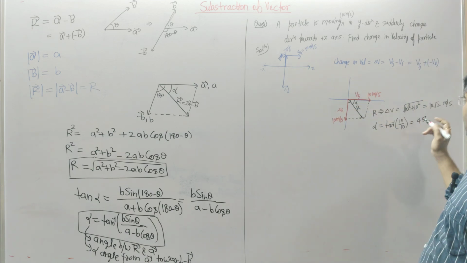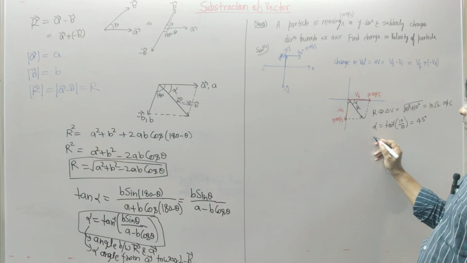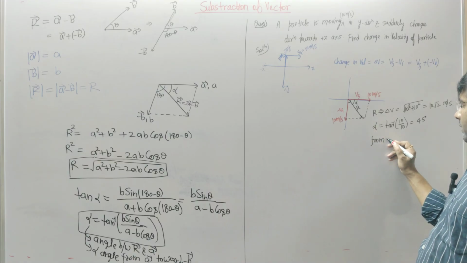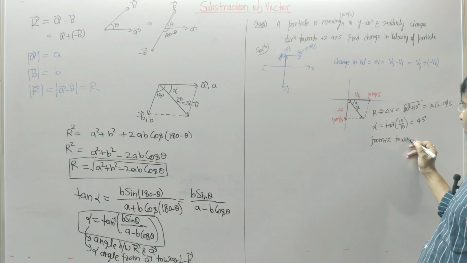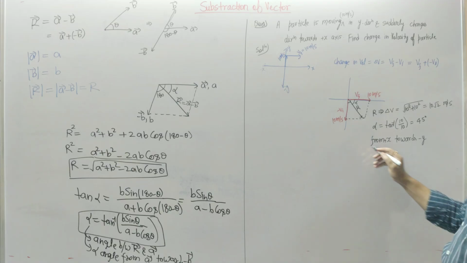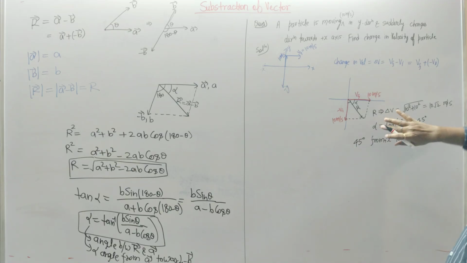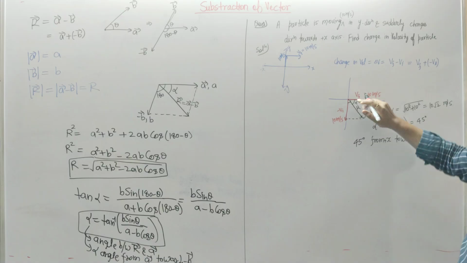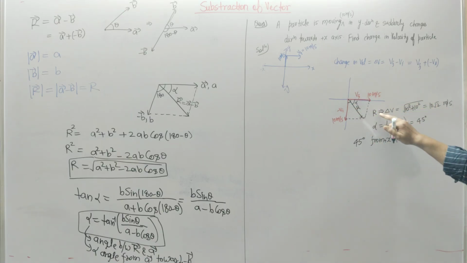So this alpha is 45 degrees from positive x towards minus y, and the resultant I am getting here is 10 root 2. So you will calculate change in velocity like this.